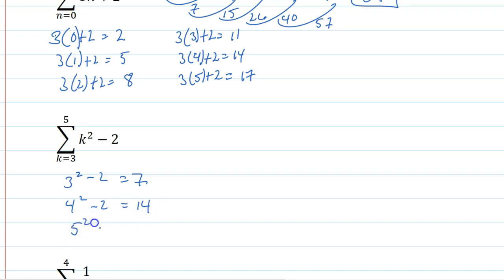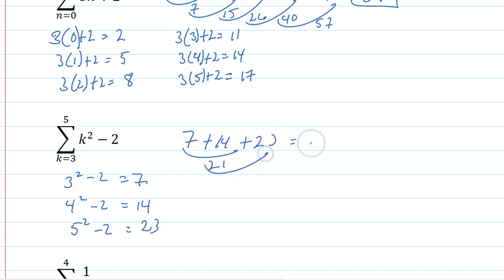And then 5 squared minus 2 is equal to 23. This is a summation, so we need to add them. 7 plus 14 plus 23 is equal to 21 plus 23 is 44.